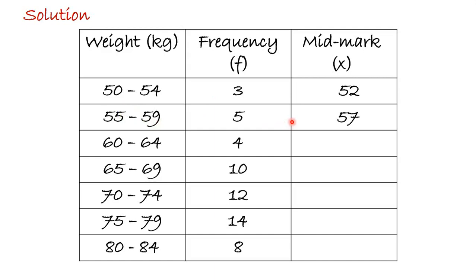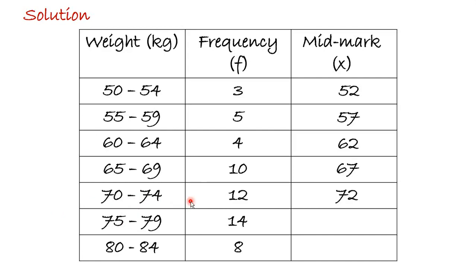Then we get 60 plus 64 divided by 2, that is 62. And then we get 65 plus 69 divided by 2, that is 67. And then 70 plus 74 divided by 2, that is 72.